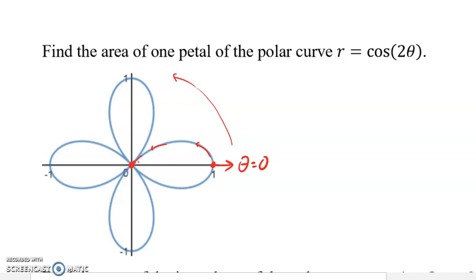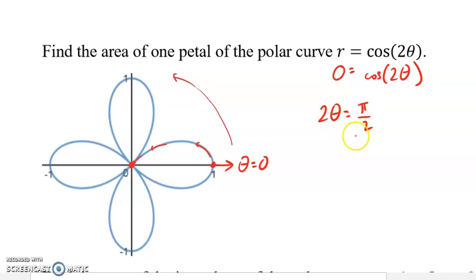So what is that theta value? Well, it's the first theta value bigger than 0 such that r equals 0. So let's just set r equal to 0 and solve for theta. We know that the cosine of an angle equals 0 when that angle equals pi over 2. That's the first angle that's bigger than 0 whose cosine is 0.